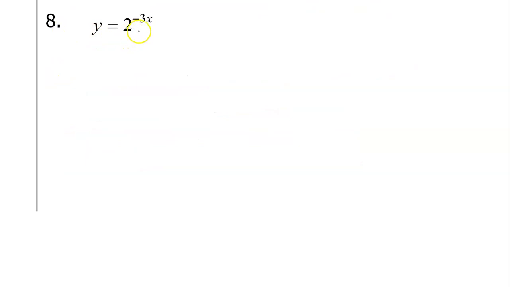Let's do one more problem. When you notice that there is a variable in the exponent, that is a signal to you that you need to use logarithms in order to solve the problem. So let's go ahead and take the natural log of both sides before we begin. So we have the natural log y is equal to the natural log of 2 to the negative 3x power.